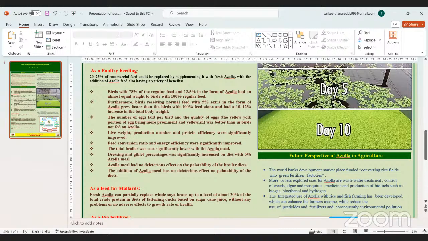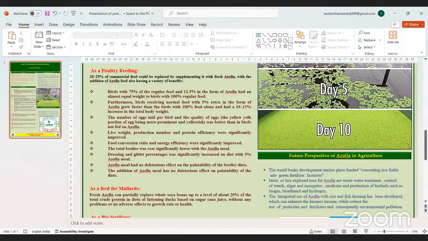The number of eggs laid per bird and the quality of the eggs, the yellow yolk protein of the egg being more predominant and yellowish, was better than in birds not fed on Azolla. Live weight production and protein efficiency were significantly improved. Feed conversion ratio and energy efficiency were significantly improved.